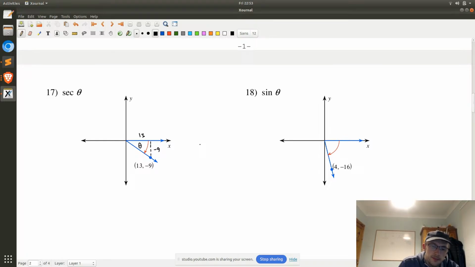So, secant of theta is 1 over cosine of theta. Now, cosine of theta from SOHCAHTOA is adjacent over hypotenuse. So, secant of theta is hypotenuse over adjacent, right? And the hypotenuse in this case is 13 squared, add the square root of -9. So 169, add 81.